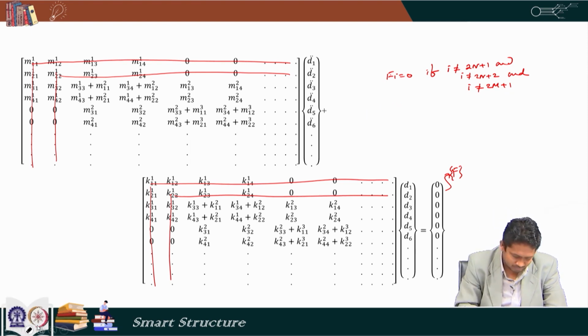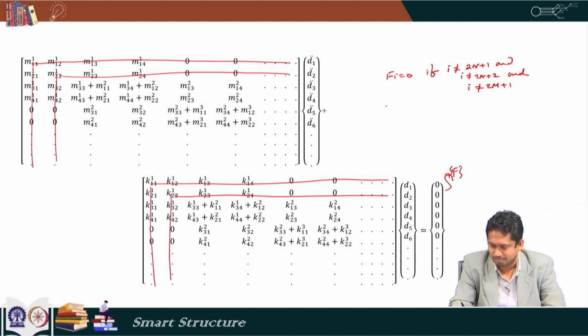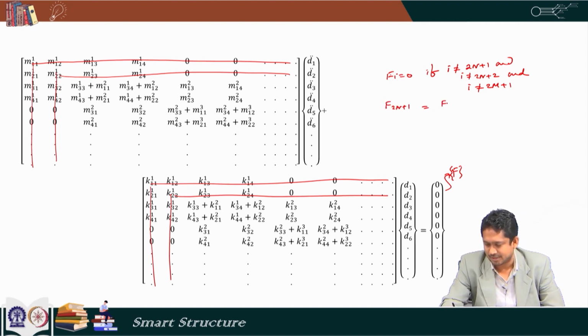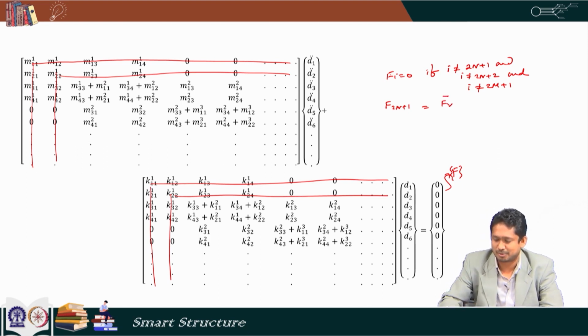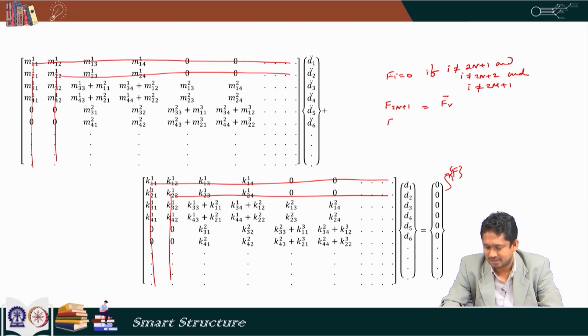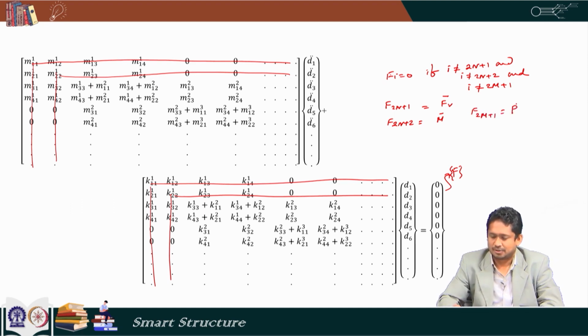and f I at 2n plus 1, which we can write as f of 2n plus 1, is the vertically applied force, because we have seen that the vertical force due to those shape memory alloy wires corresponds to the degree of freedom d 2n plus 1, and f 2n plus 2 is accordingly M bar, and f 2m plus 1 is accordingly P. So, the force matrix for these three indices has some values, otherwise they are 0.